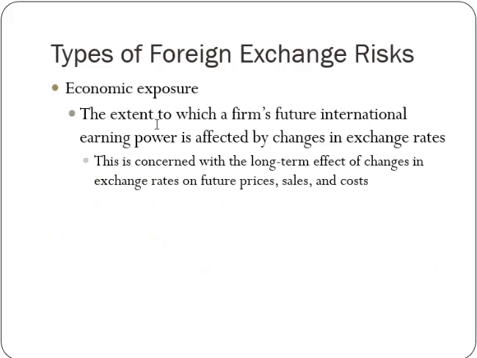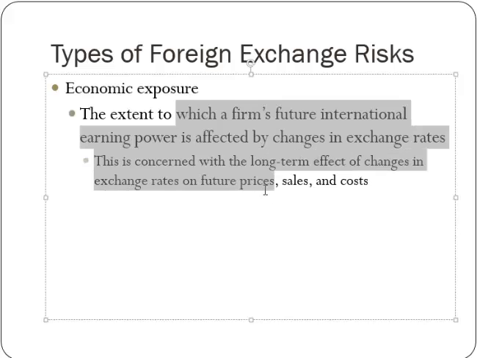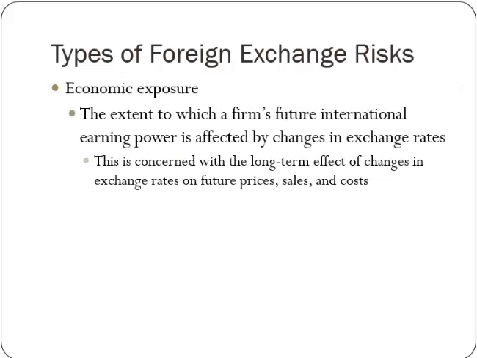There's also economic exposure, which is the extent to which a firm's international earning power is affected by changes in exchange rates. I open up a factory in India or China because I assume I'm going to be able to pay a certain number of workers, and then the Indian currency goes up against the dollar.